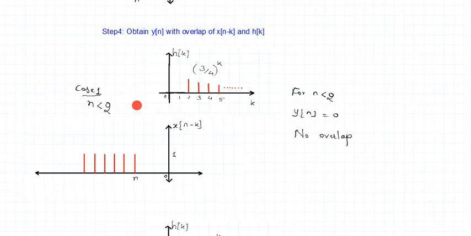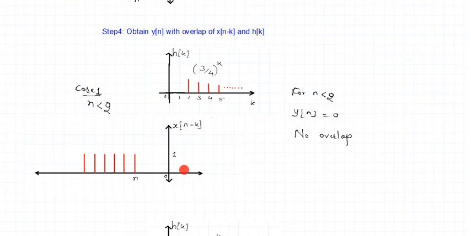Let us go for the first case, when n is less than 2. Why is it 2 here? Because the signal h[k] starts at 2. So the very first overlap happens when this signal is shifted and brought to position 2.